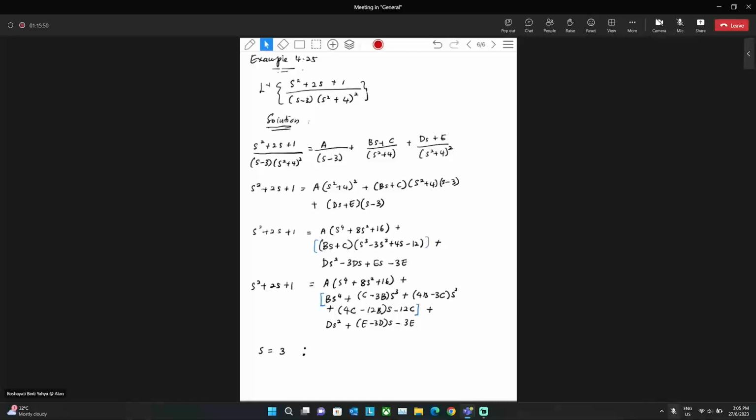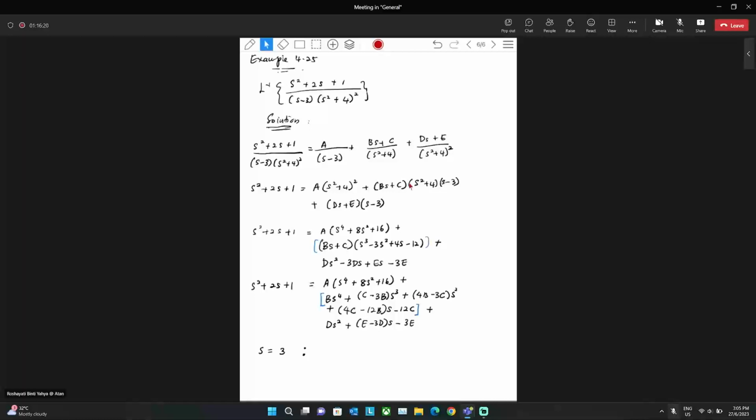Yes, it will become 0. How do you know you will get 0? S minus 3. Yes. This will lead to the answer why you do not combine this.